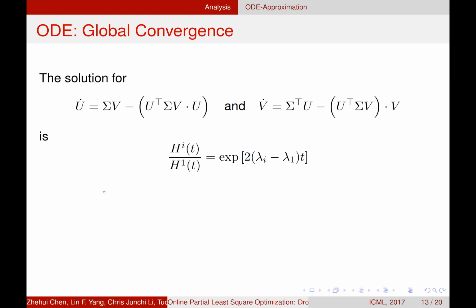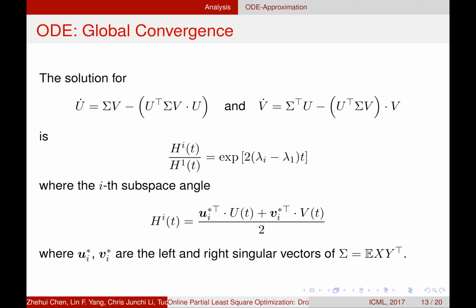We obtain the following solution: h_i over h_1 at t equals some exponential function of (lambda_i minus lambda_1) times t, where h_i is the subspace angle, for example, the current solution's inner product with the true solution, u_i star and v_i star, the left and right singular vectors of this covariance matrix. So what does this solution tell us?